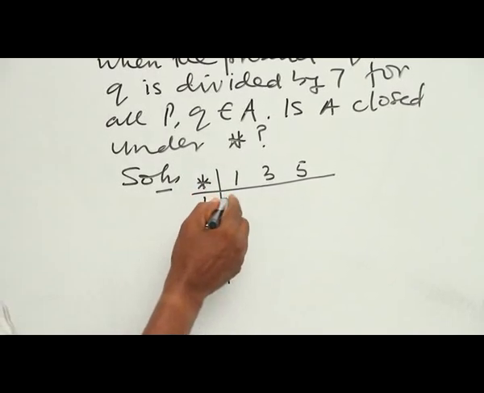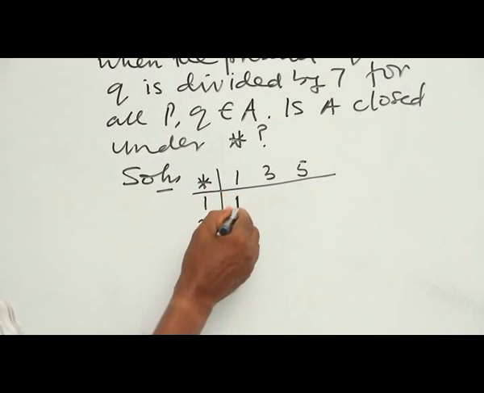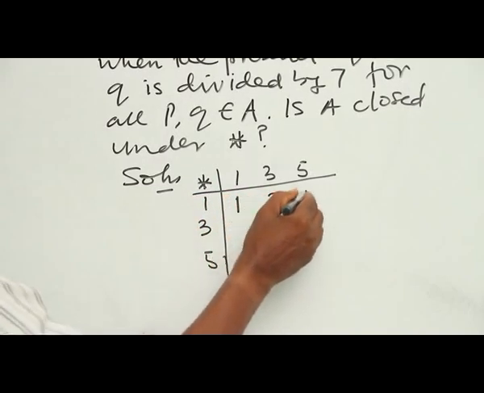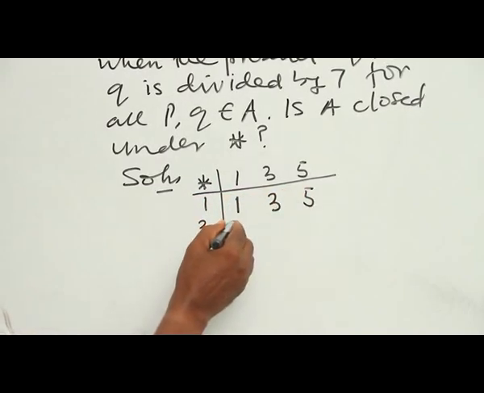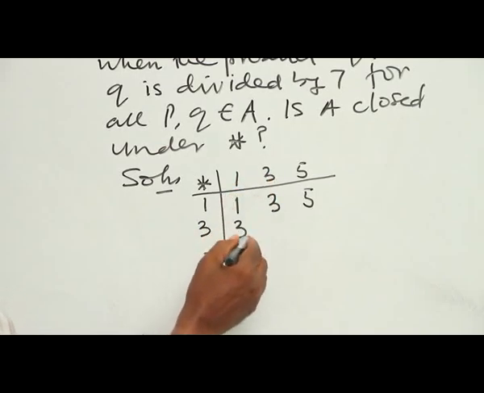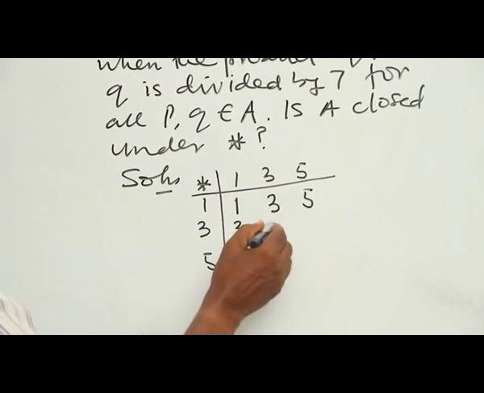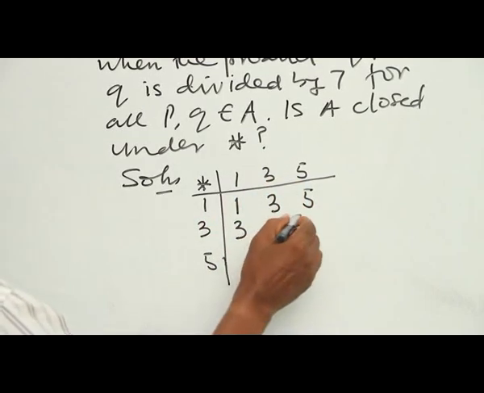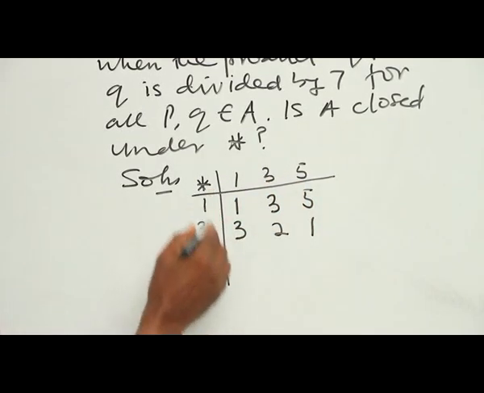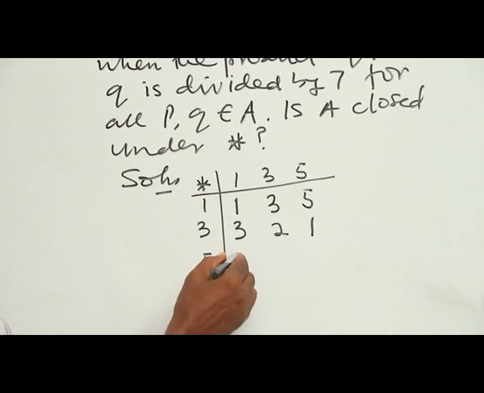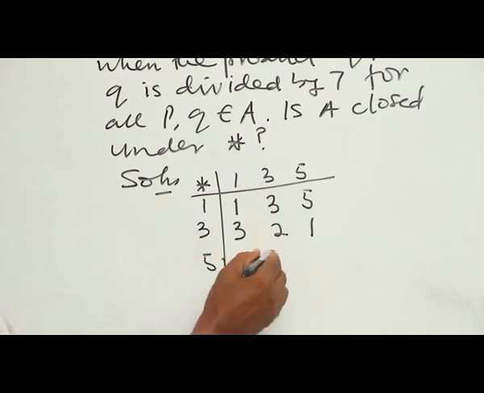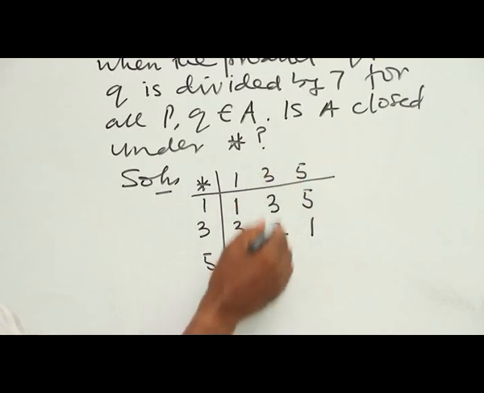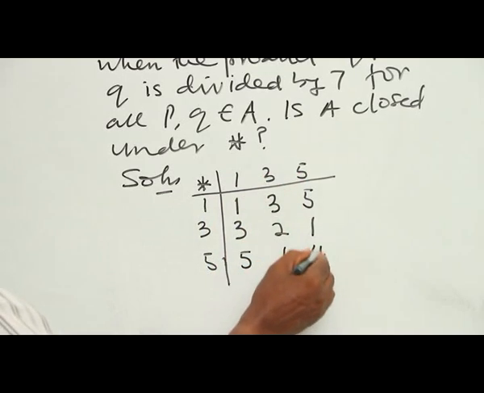1 times 1 is 1, you divide by 7 is 0, remainder 1. This is 3, and this is also 5. 3 times 1 is 3, 3 times 3 is 9. 9 divided by 7 is 1, remainder 2. 3 times 5 is 15, 15 divided by 7 is 2, remainder 1. 5 times 1 is 5, divided by 7 is 0, remainder 5. 15 is 2, remainder 1. 25 is 3, remainder 4.